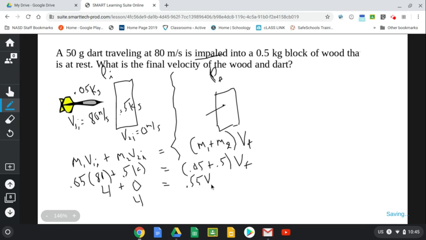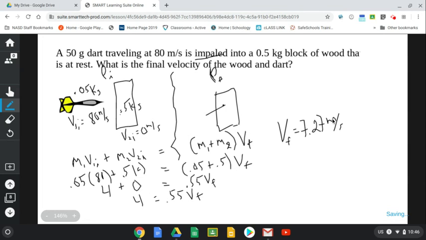0.55 vf. So 4 equals 0.55 vf. Divide both sides by 0.55. And we get a vf equal to 7.27 meters per second.